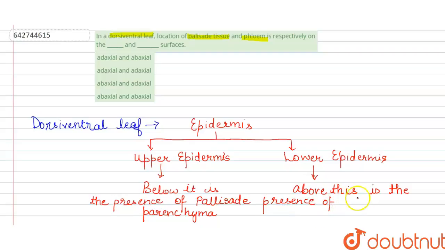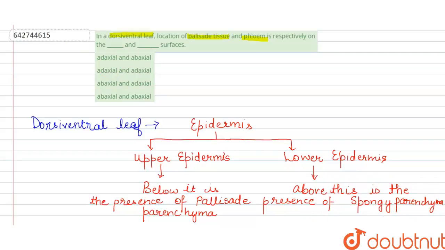The spongy parenchyma. So the spongy parenchyma is present above the lower epidermis and the palisade parenchyma is present below the upper epidermis. So this is the spongy parenchyma, right?